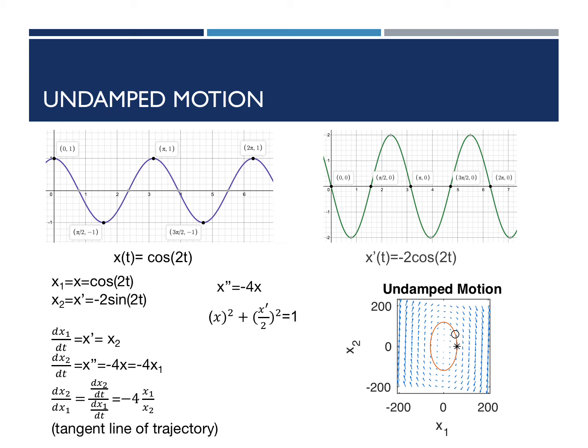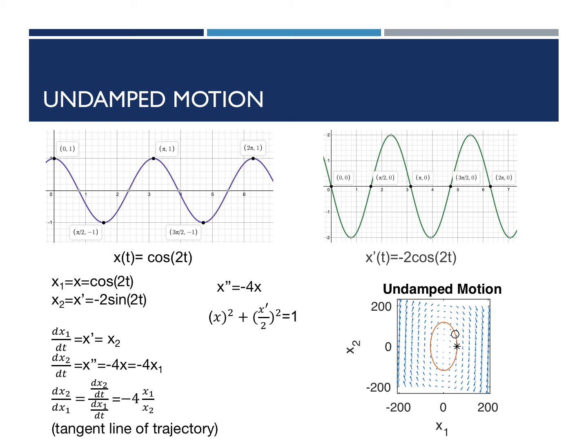By implicit differentiation, we get that dx2 over dx1 equals minus 4x1 over x2. And from x squared plus x prime over 2 squared equals 1, it is an ellipse on the x1 and x2 phase plane.